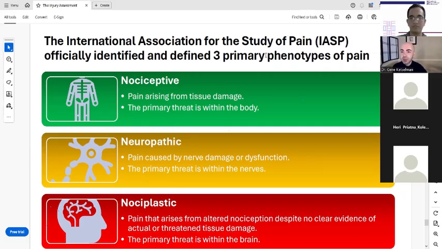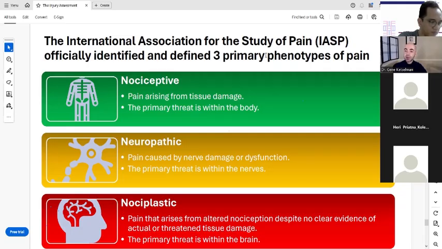I mean, is it the same as the neuropathic? You're asking if central sensitization is the same as neuropathic pain? No, it's not the same.